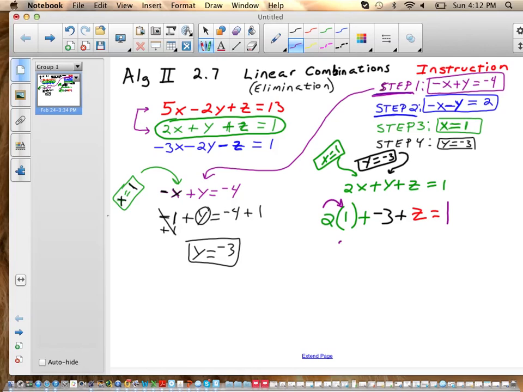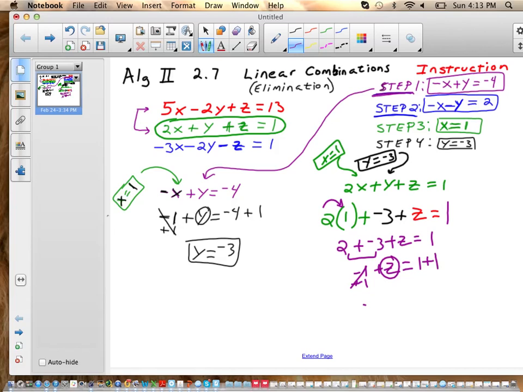And so now I just want to put it all together. 2 times 1 is 2, plus negative 3, plus z equals 1. 2 plus negative 3 gives me a negative 1 plus z equals 1, right? And I'm solving for z. So now I need to add 1 to get rid of it here, and I add it to this side.